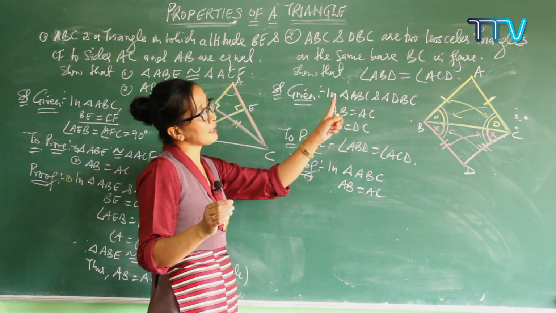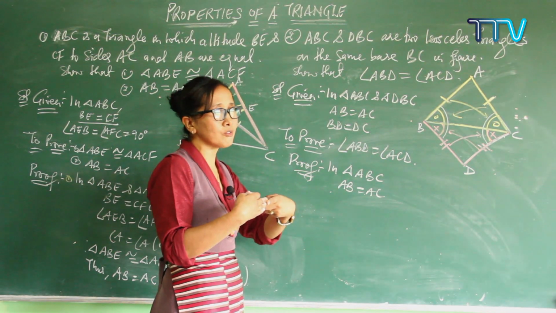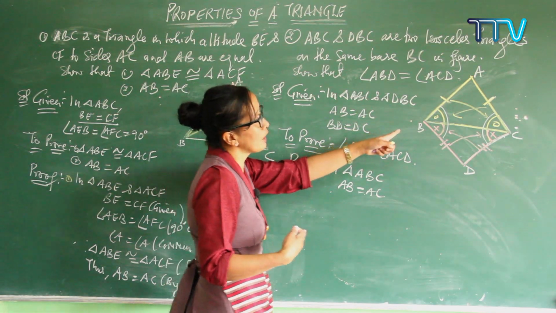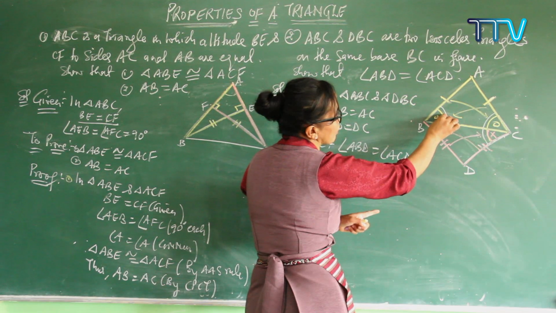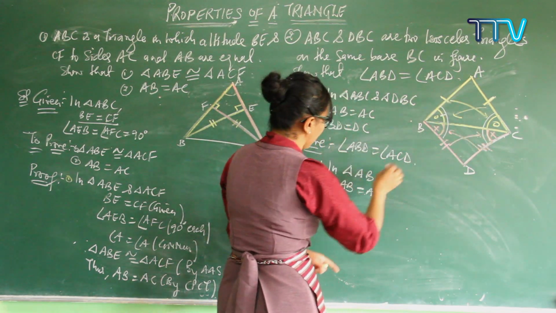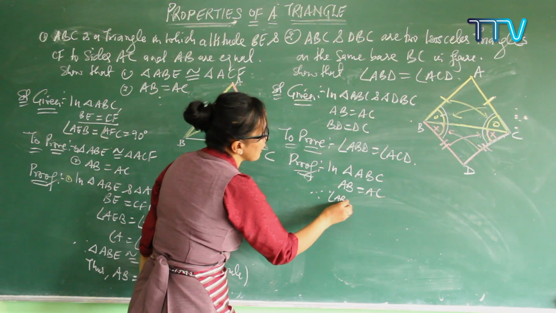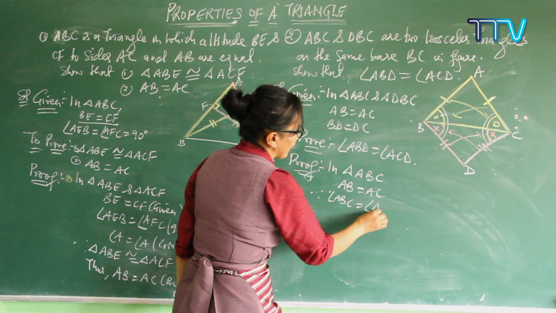Since AB and AC are equal, means what? Opposite angles. Which two are the opposite angles of side AB and AC? You cannot call it angle B, because angle B means the whole angle. What is the name of this angle? You can just call it angle ABC. So write it down here. Therefore, angle ABC is equal to angle ACB.